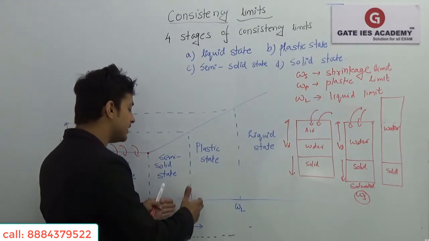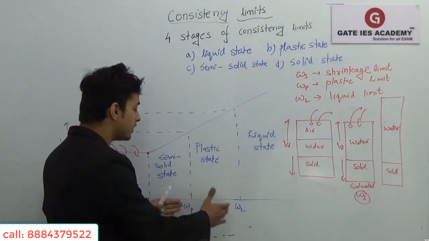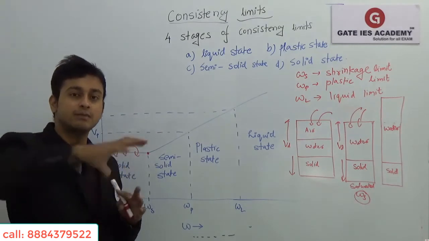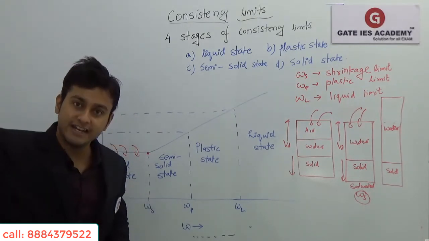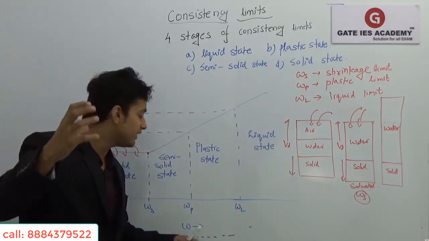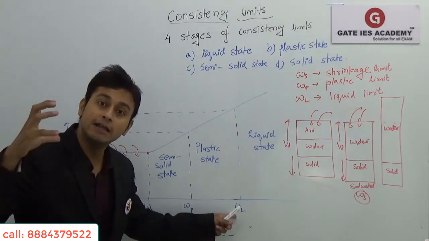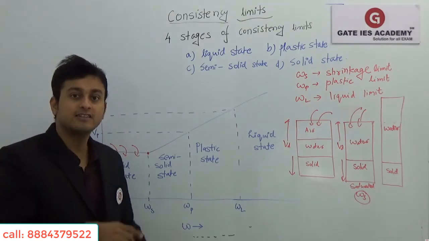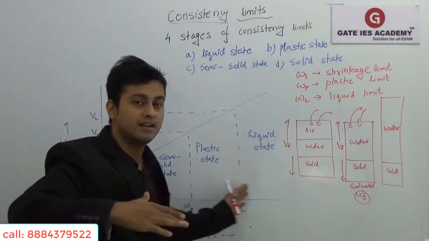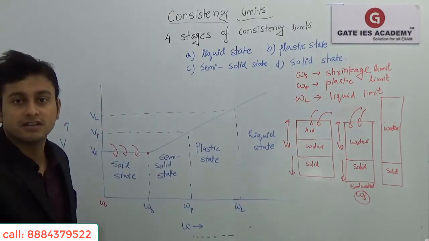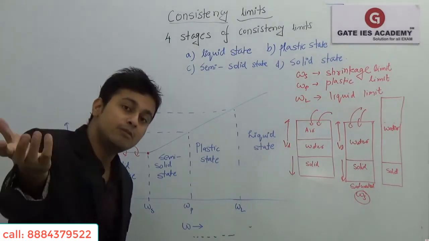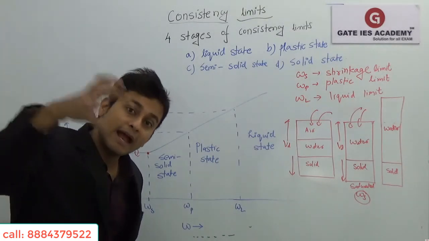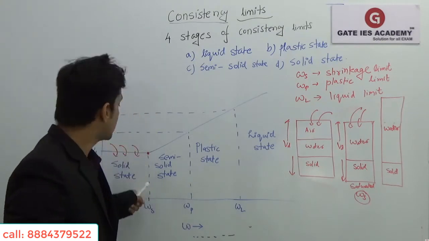There is a large difference between Ws and Wp and between Wp and WL. The system tends to different states, and that's why we define different limits. There's a huge range between them, because it is able to take up more water and still remain in the solid state.